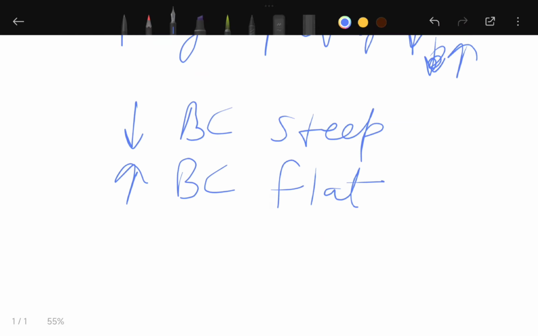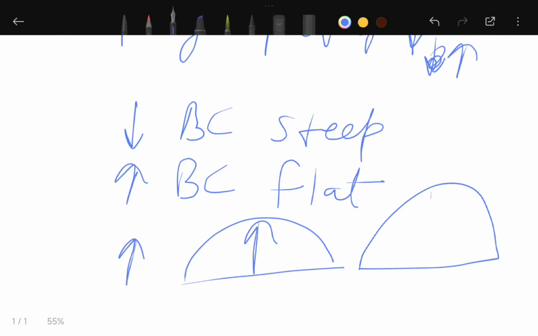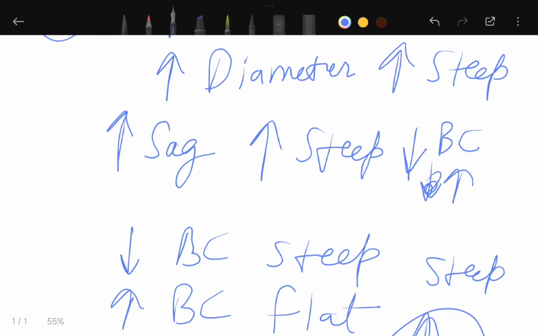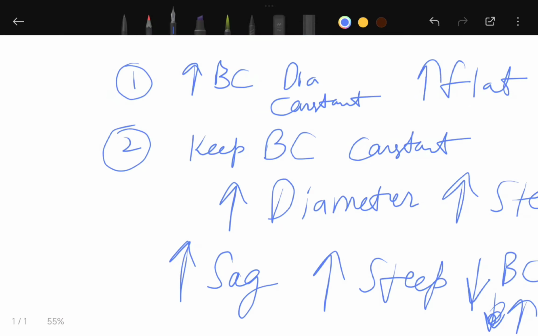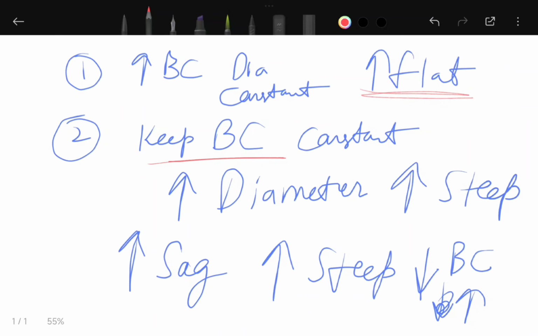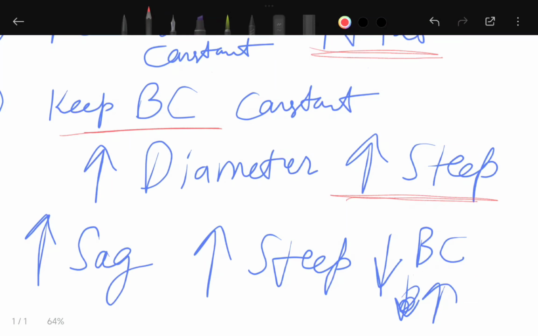And similarly, if you increase the sag, you can understand with the diagram, when sag is increasing, the lens will become more steep. So the final conclusion: if you increase the base curve and the diameter is constant, your lens will become more flat. And if you keep the base curve constant and you increase the diameter, the lens will become more steep.